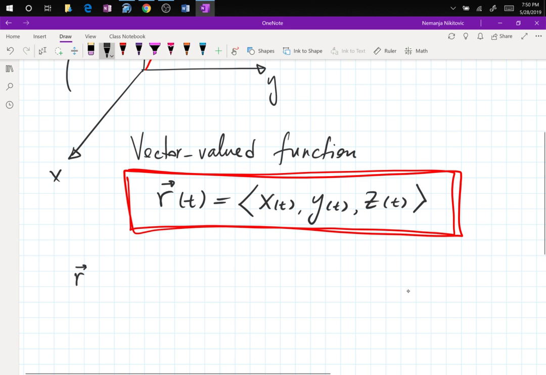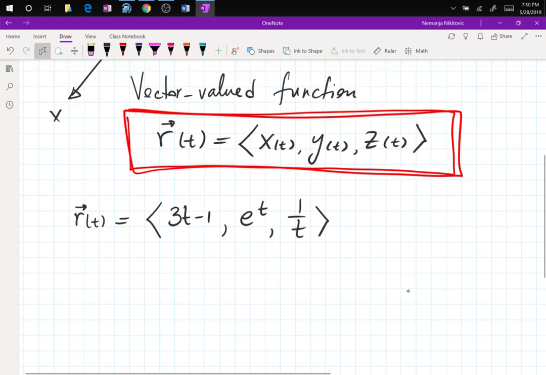So if my vector R of t is given as 3t minus 1, e to the t, and 1 over t, we can calculate location R of 0, which would be... Can't do 0 because of 1 over t. Who put that 1 over t there? How about 2?